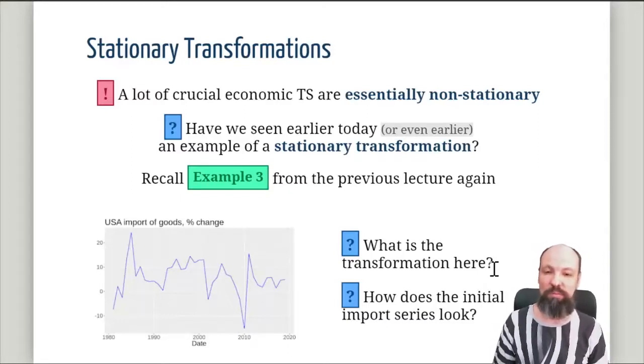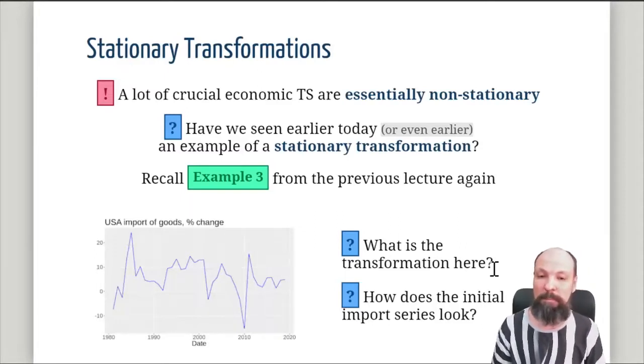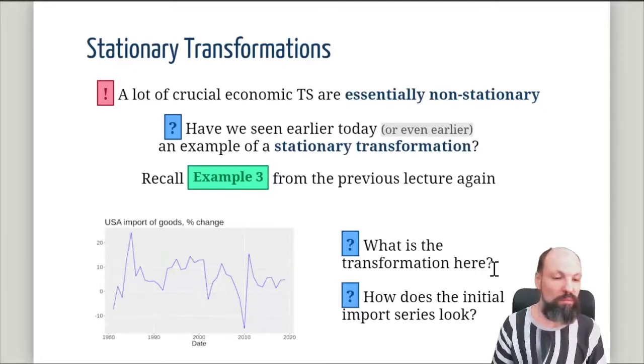And you remember from the practice sessions that we tested that, analyzed it visually, and even considered formal tests and concluded that we don't have any reasons to think that this thing is not stationary. What do you think the initial import series looked like? You can unmute yourself and say.